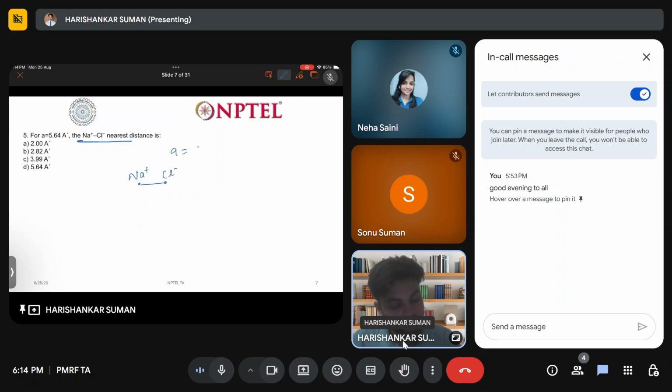If a is 5.64 angstrom, find out this distance. We have already discussed this. You have to apply the formula and solve this question. Please take 2 minutes. Try to solve this question.